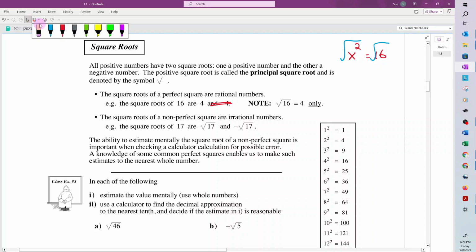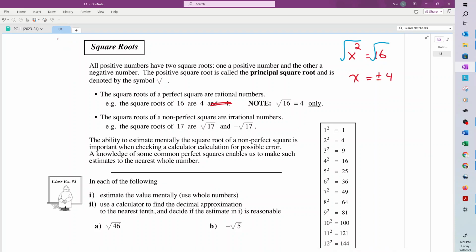Then you can say that x equals plus or minus 4, because 4 squared equals 16, and -4 squared also equals 16. So that's true. But if you're just asked for what is the square root of 16, then the answer is 4. Okay, we'll do a lot more with that later on.